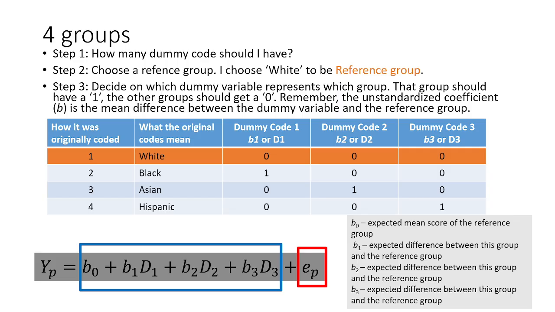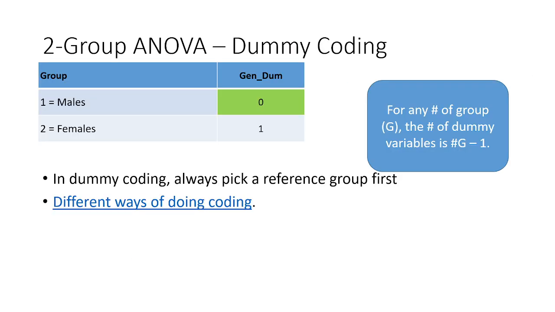All right? So, by the way, there are different ways of coding. Your readings have that. I put a link to the UCLA website that talks about different ways of coding. In our case, we are doing a dummy coding, but there are different ones.